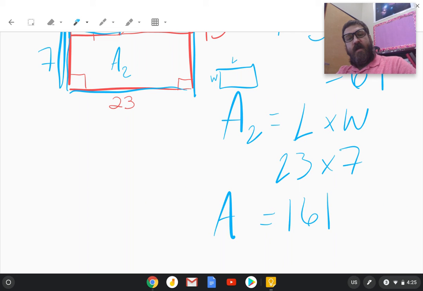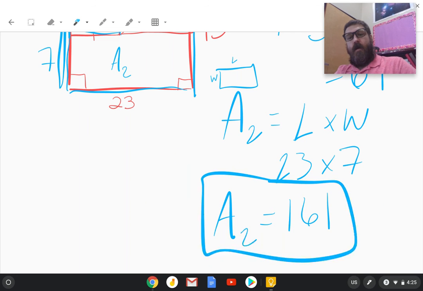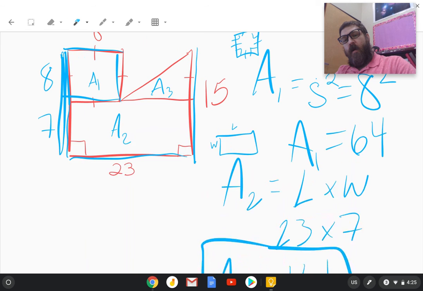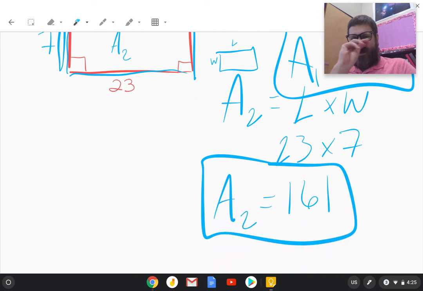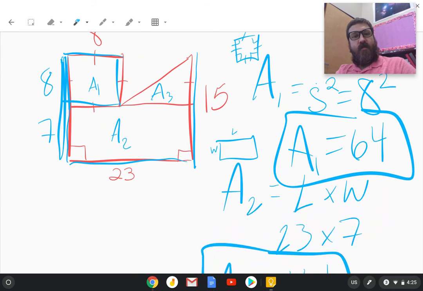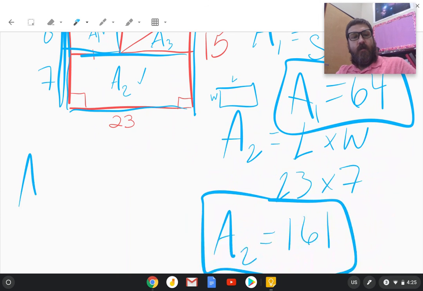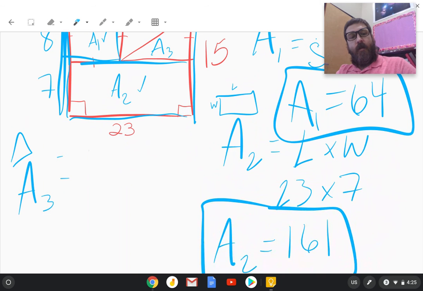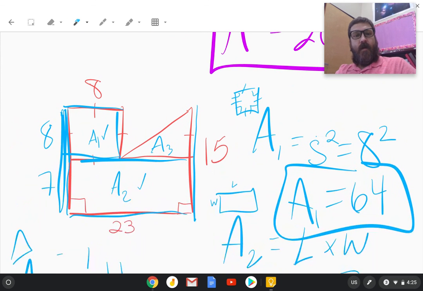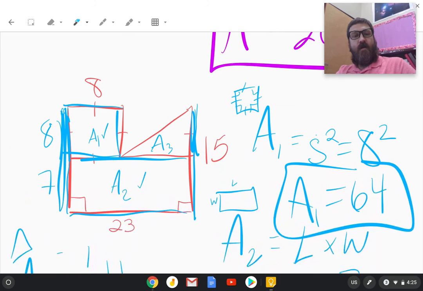And this is the process you need to take for your composite area problems. You need to calculate the values of each of the areas. So that's area 2, done with that one, done with that one. Area 3 is a triangle. Triangles have an area formula of 1/2 base times height. My height here is going to be 8, just like it was over here.